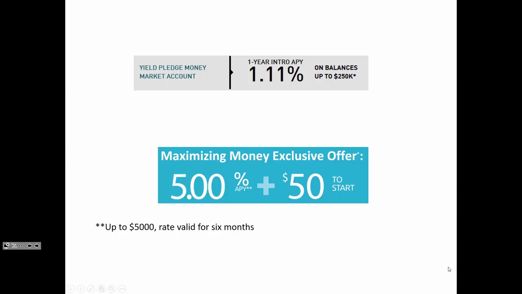So that's about $125 plus the $50 they're throwing in. So the value of it is roughly $175 of that investment. But 1.11% on $250,000, I think you're going to be making like $100 a month on that. So it's better to go with this one because of the limit.